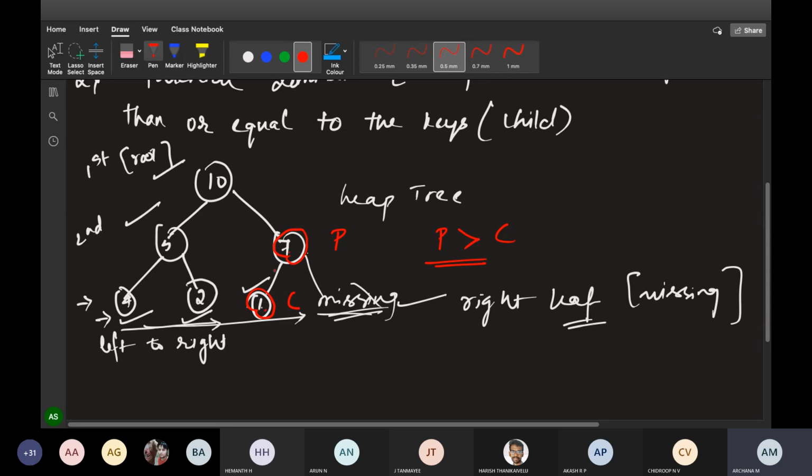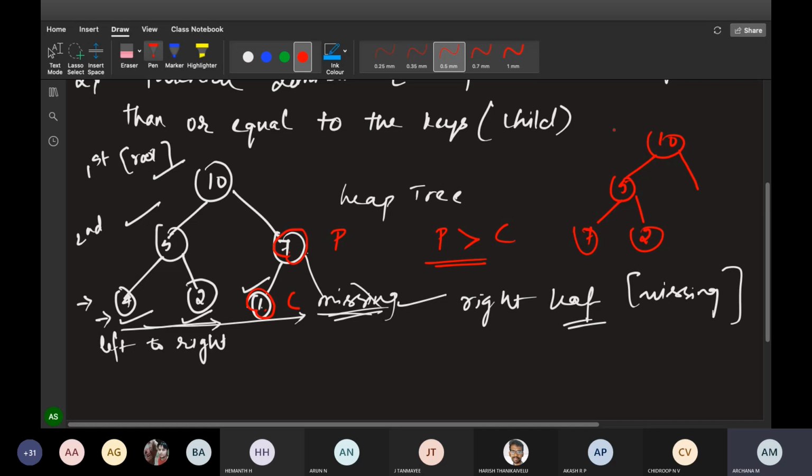For example, I'll consider a parent 10, and somewhere I'll consider this as 5, this is 7, and this is 2. I'll consider this as a tree where the rightmost is missing. It is okay.